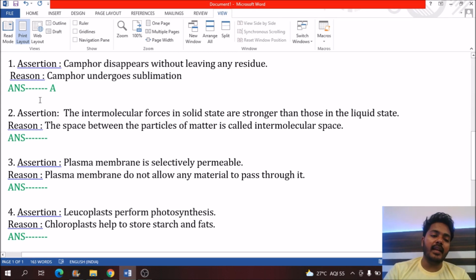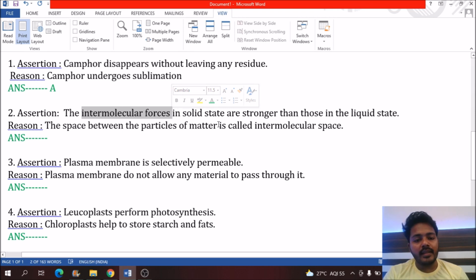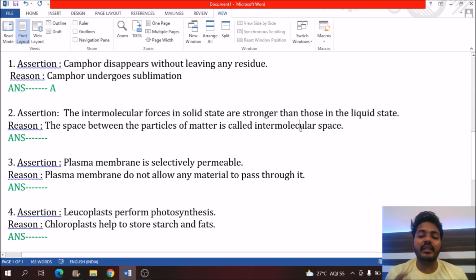Now read the second question. The intermolecular forces in the solid state are stronger than those in the liquid state. We know that as compared to the liquid state, the particles of the solid are very near to each other, so the intermolecular forces are greater in them. Now read the reason.